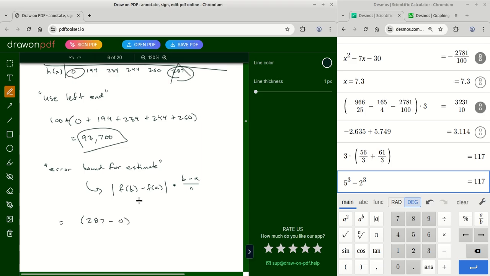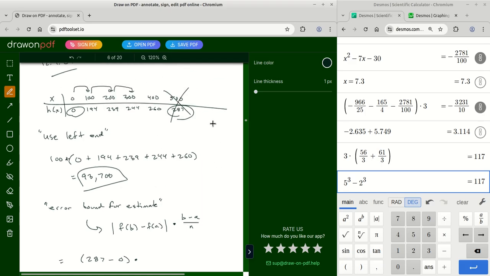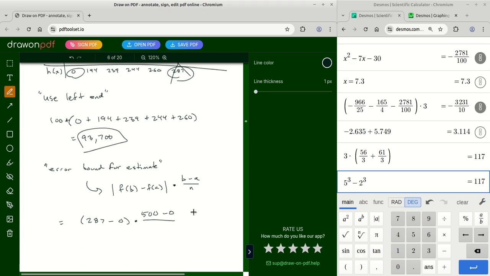Those are my two f values, my two y values there. And I'm going to multiply it by my x values in those locations, so that would be a 500 and a 0. So I got 500 minus 0, and all of that divided by 5, because we're going to have 5 rectangles. 1, 2, 3, 4, 5 rectangles. So 5.